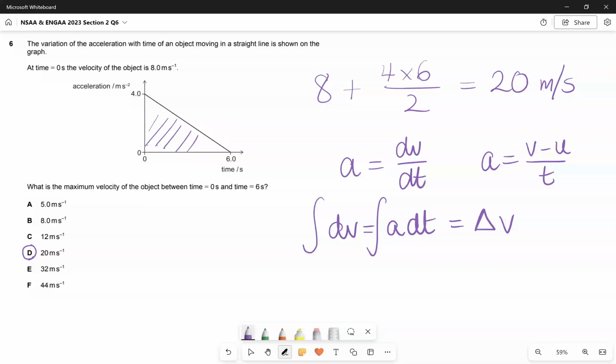So what you need is a reference point. So delta v will give you this area. And so when you integrate acceleration, if you wanted to get velocity, then v minus v at some time, let's call it time initial, this will give us our change in velocity.